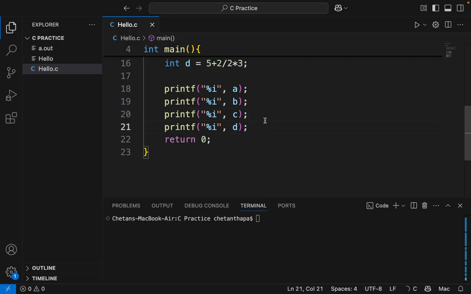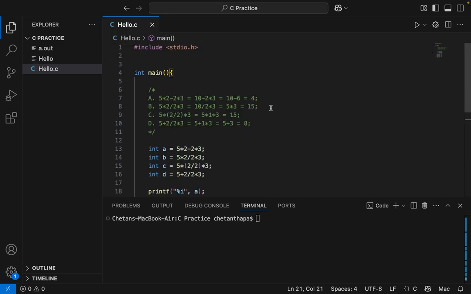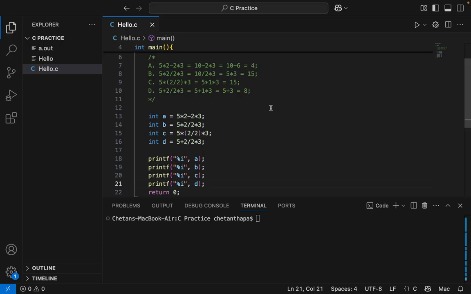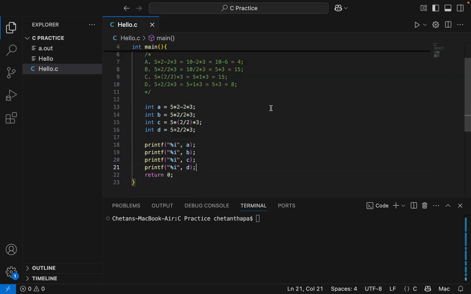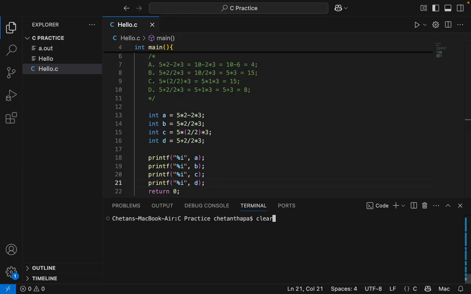Save. Make it and check whether our calculation is right or not.